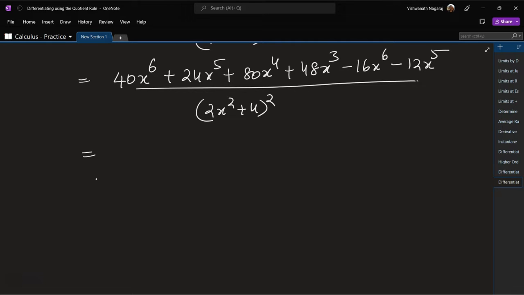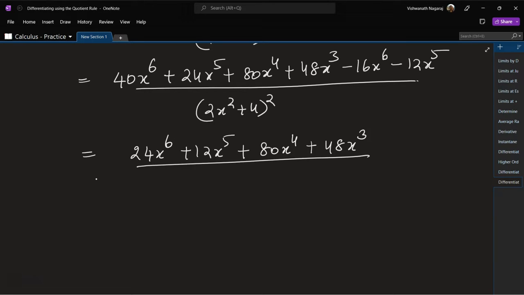Now 40 minus 16 is 24x^6. 24 minus 12, so plus 12x^5, plus 80x^4 plus 48x cube, divided by 4x^4 plus 2 twos 4, 4 fours 16x square plus 16.